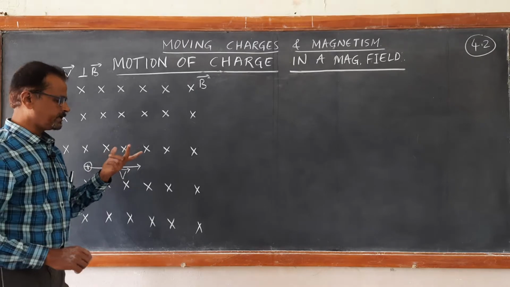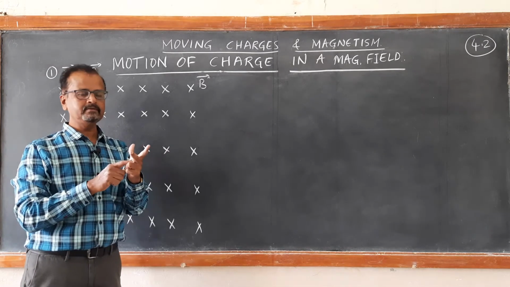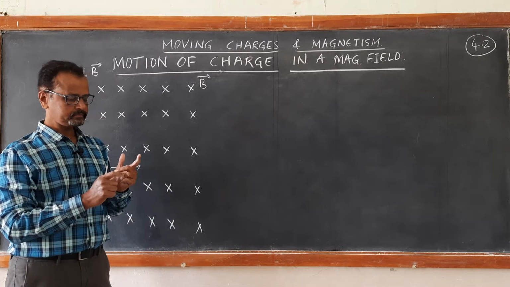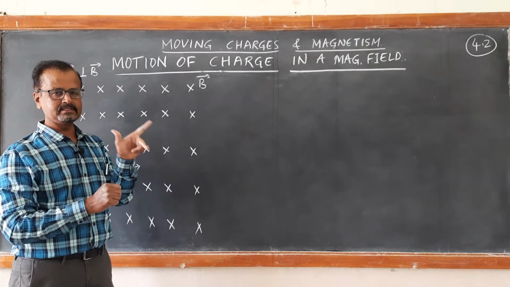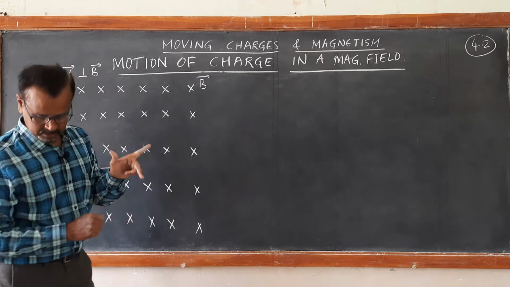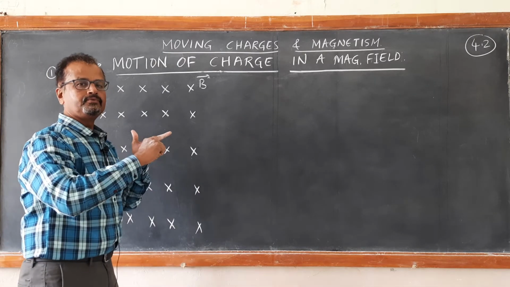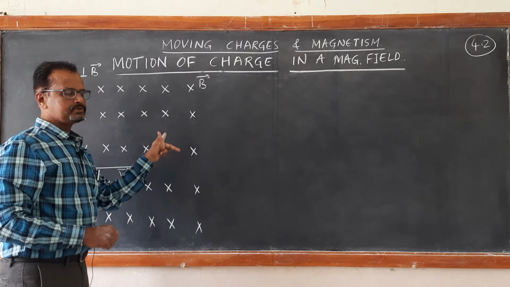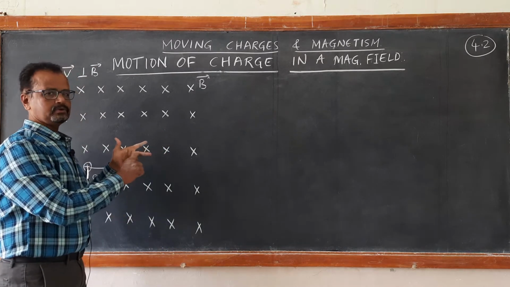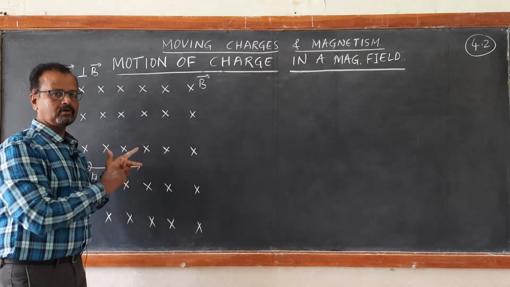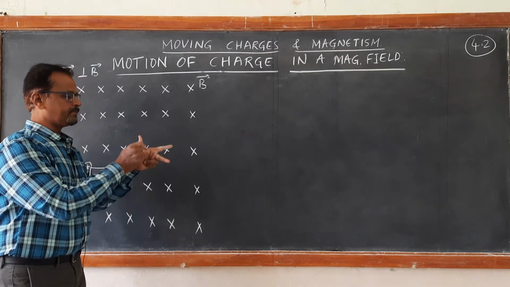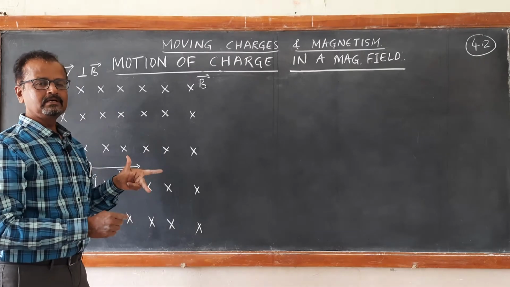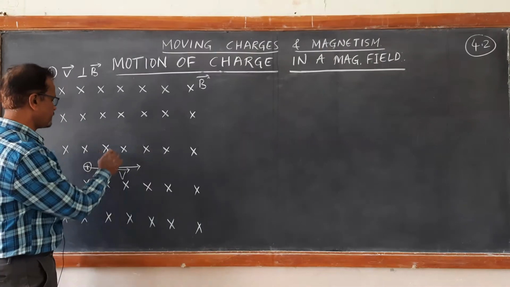To find the magnetic force, we apply Fleming's left hand rule. Again, stretch your first three fingers mutually perpendicular to each other, using the forefinger to show the field direction and the central finger to show the direction of velocity vector or current vector. The thumb is pointing upwards. So, this charge particle experiences a magnetic force which is acting perpendicular.